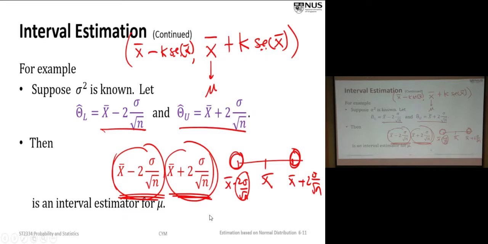So this is my x bar, and the interval will be x bar minus a constant times the standard error of x bar. In particular, if sigma is known, k times the standard error of x bar is k times sigma over root n. So the upper side will be x bar plus k times sigma over root n. And what is k? k will determine the probability of covering the true parameter.